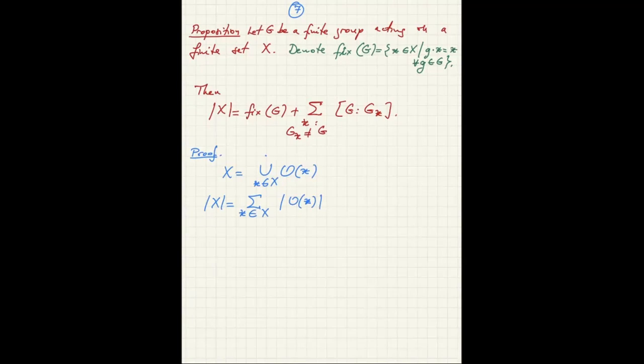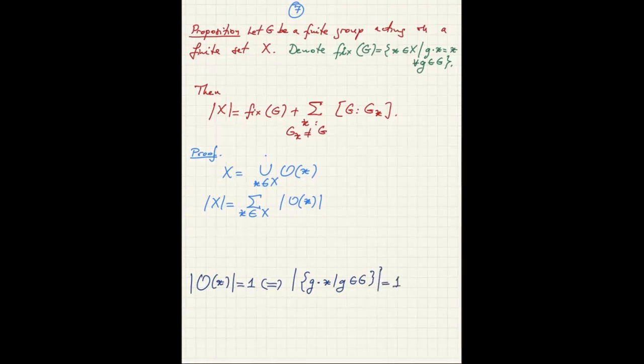Now, what does it mean that an orbit has cardinality 1? So let me write it below here. An orbit of x has cardinality 1. That's equivalent to what? So what is the orbit of x? It's everything that looks like g acting on x with g in G. This set has cardinality 1.